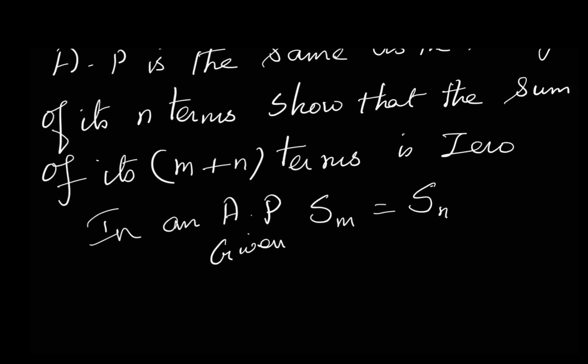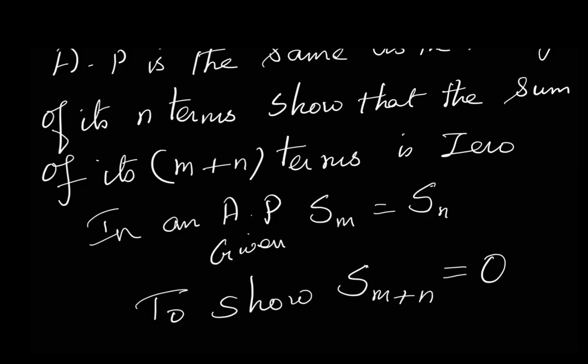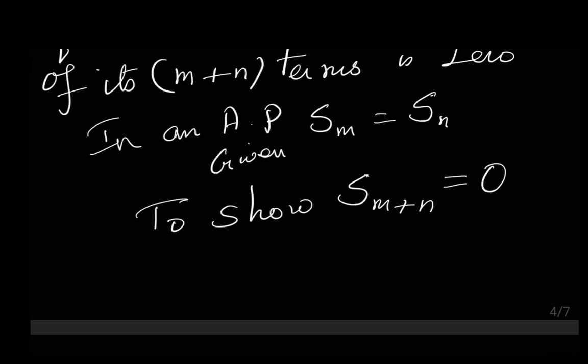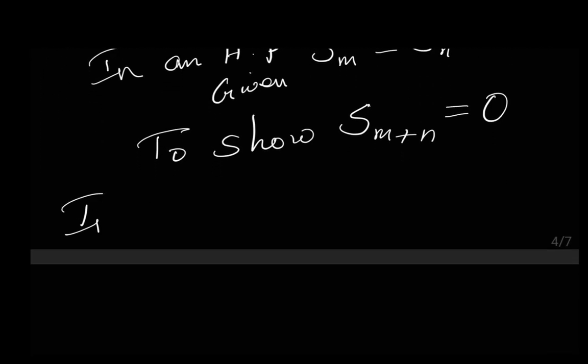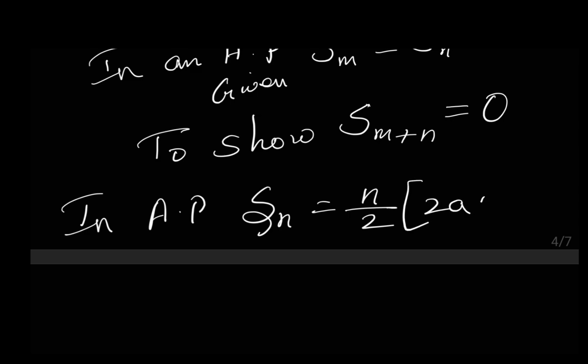This is given, to show the sum of m plus n terms, S of m plus n, is equal to 0. Actually, in AP, you write the formula sum of n terms, n by 2, 2a plus n minus 1 into d.